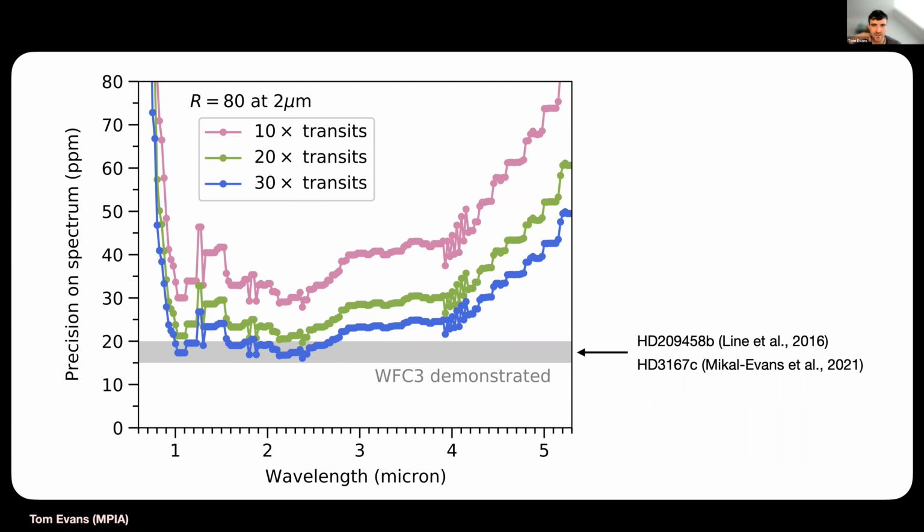The gray shaded region shows the measurement precisions that have already been demonstrated by HST's Wide Field Camera 3, which uses fairly similar detector technology to NIRSpec. The key point is that for the assumption of 30 co-added transits, we're talking about measurement precisions that have already been demonstrated with Wide Field Camera 3. So it seems plausible that a 30 transit program really could reach this level potentially.